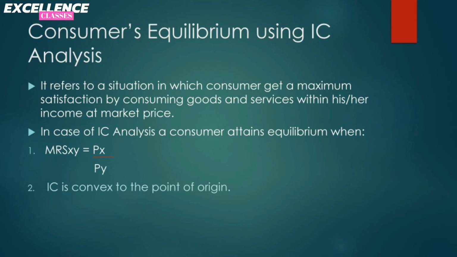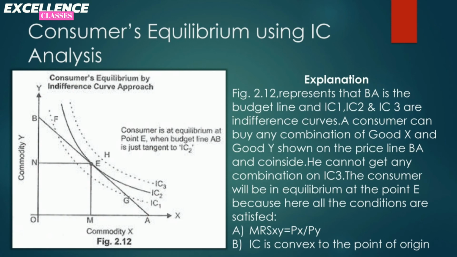Second one is IC is convex to the point of origin. We know that MRSxy can be calculated by loss of good Y divided by gain of good X. So you have to remember this point while writing the MRSxy is equal to Px upon Py. We can understand this concept with the help of a curve given in this slide.